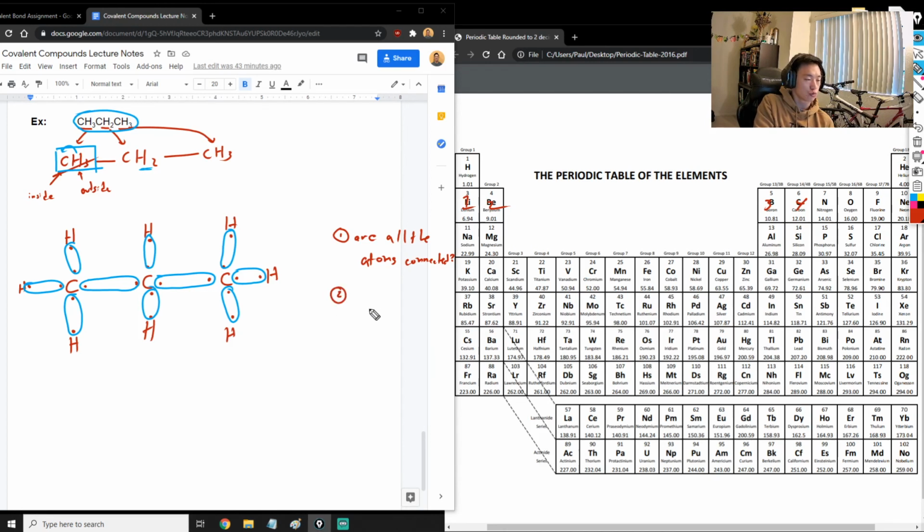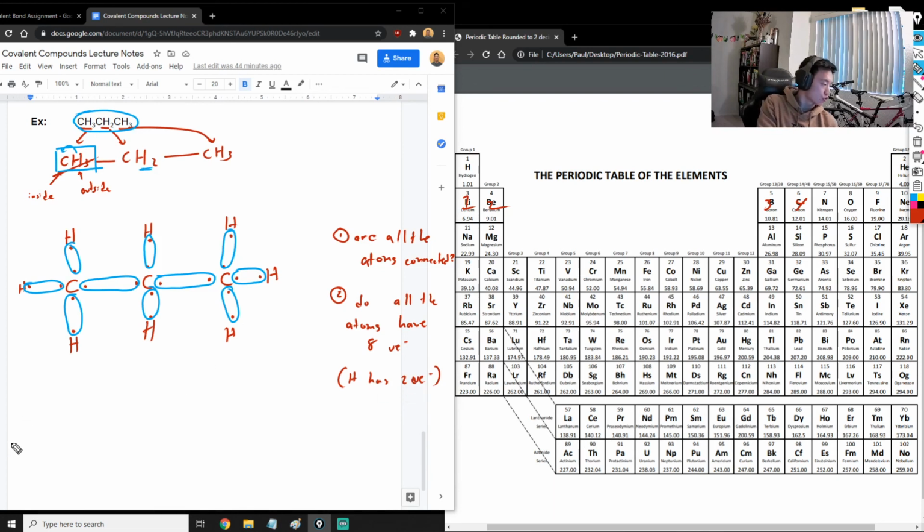Number 2, do all the atoms have 8 valence electrons? Okay, so obviously hydrogen has 2. So those are the questions that you should be asking yourself. If you notice, they're all connected, and they all have 8 except hydrogen, which is supposed to only have 2.